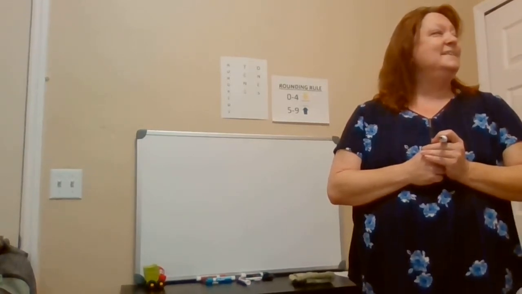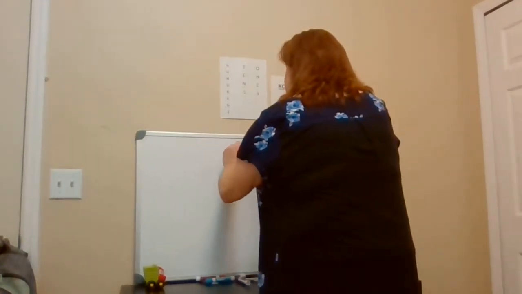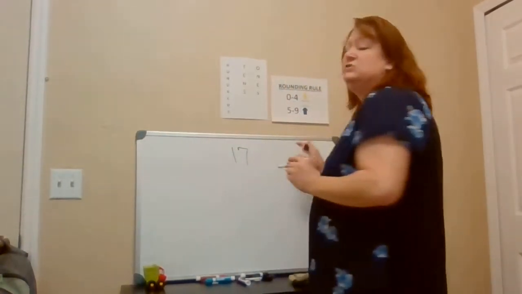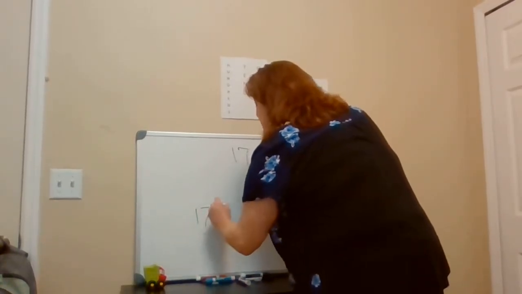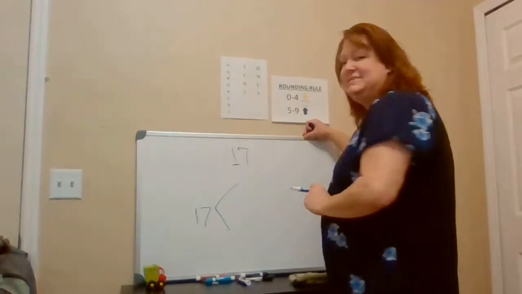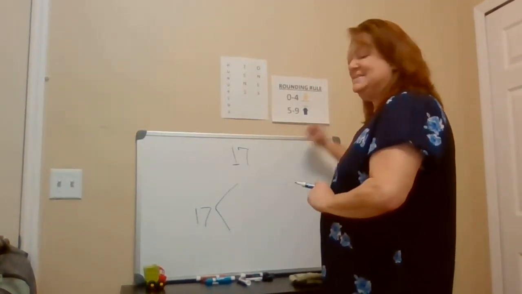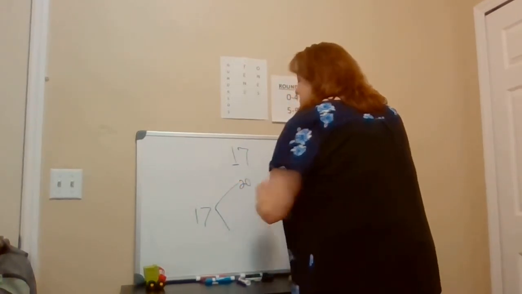All right, let's try, give me a number. 17. All right, so our number is 17. So when we have the number 17, plotting it out the same way, and we want to round to the nearest 10, what is the next 10 up from 17? Right, 20.